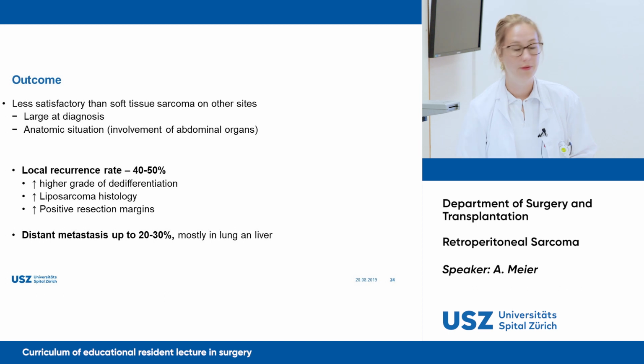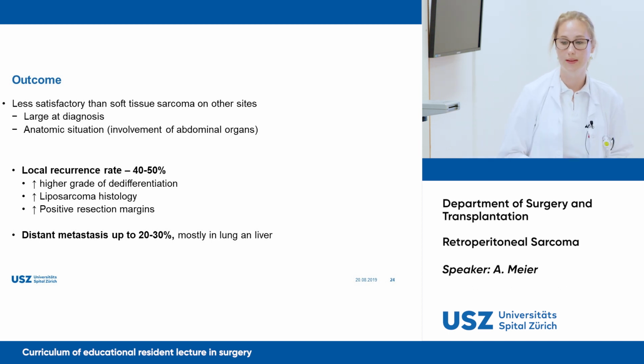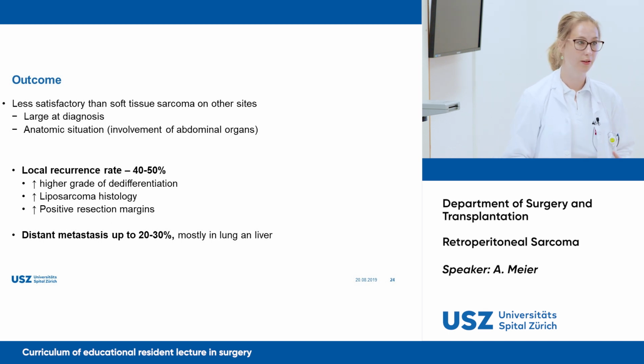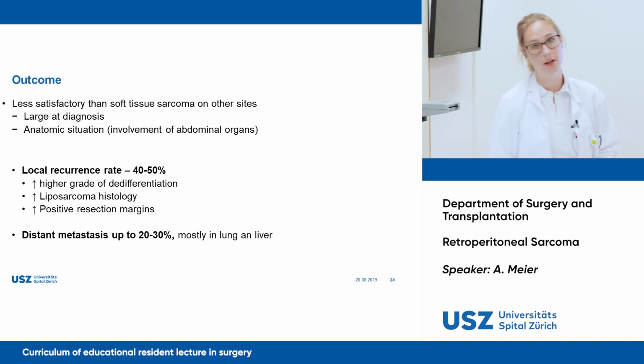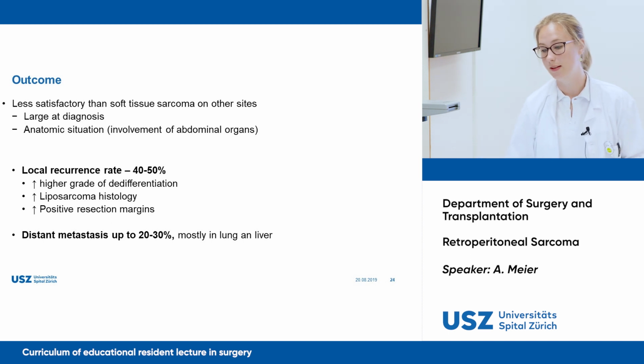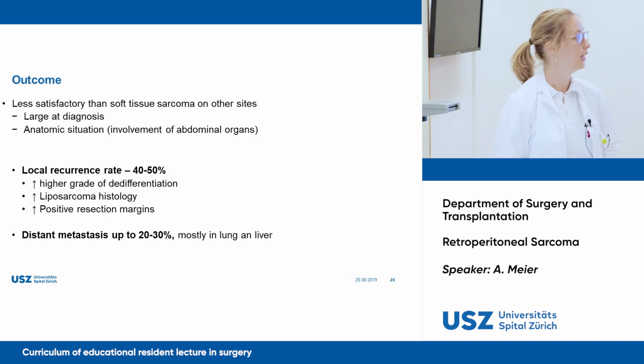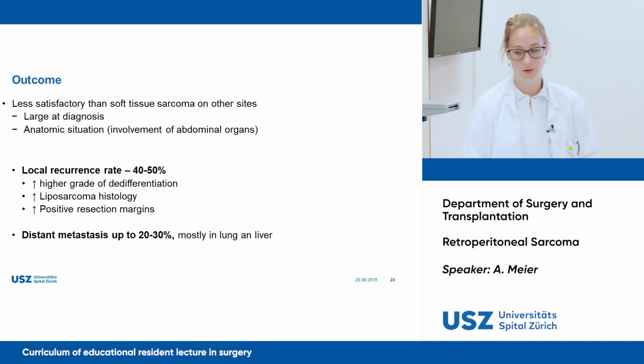The outcome of retroperitoneal sarcomas is less satisfactory than soft tissue sarcomas on other sites, like on the extremities, because it's often diagnosed later and it has an anatomic situation with involvement of abdominal organs, and we all know that this can also lead to some problems.